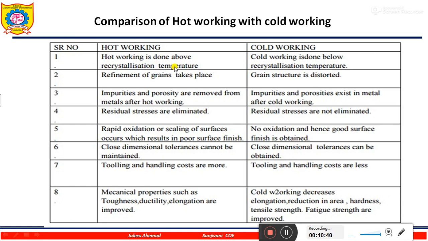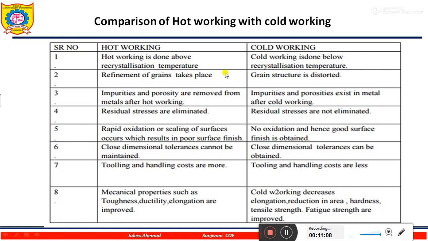We can also say it is a temperature at which the growth of new stress-free grains takes place, which replaces the old stressed grains formed from strain hardening or work hardening. It is usually 0.5 times the melting point, means half of the melting point. So in short, recrystallization temperature is half of the melting point.